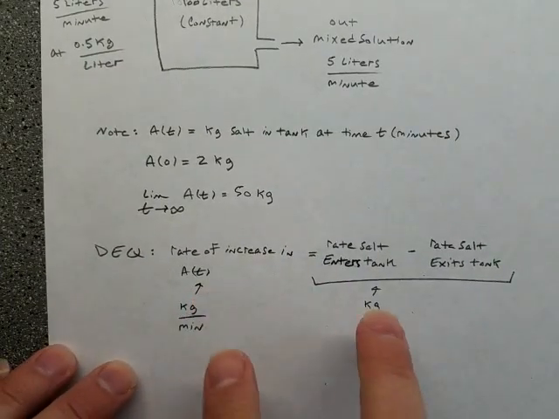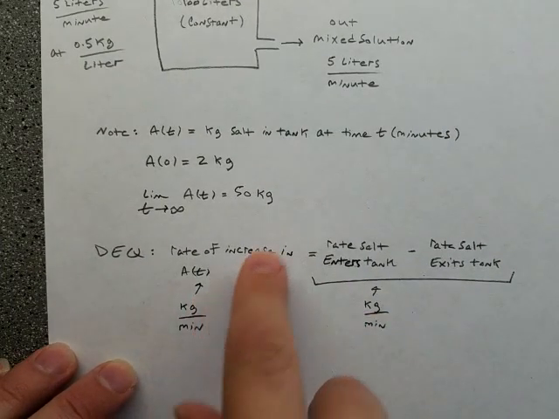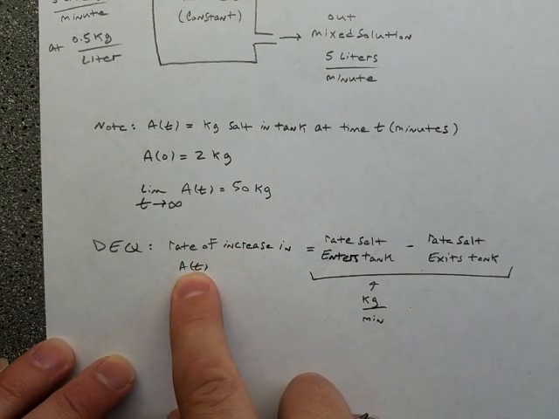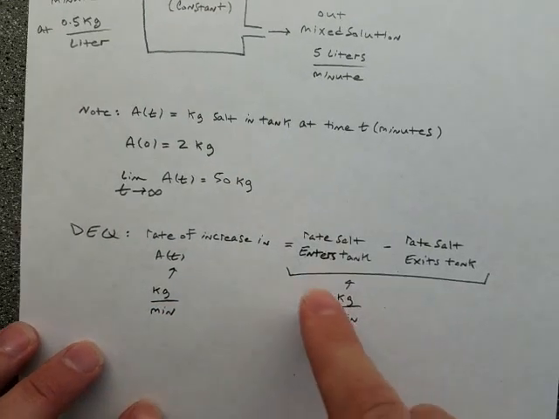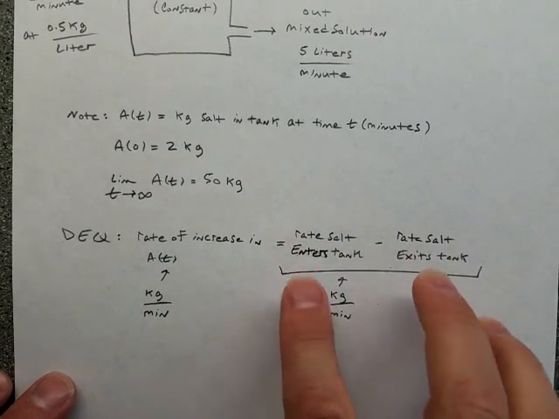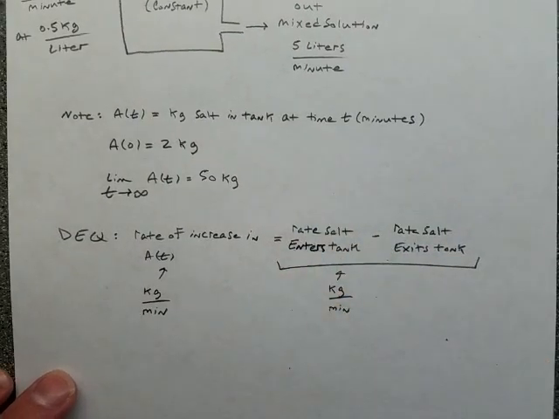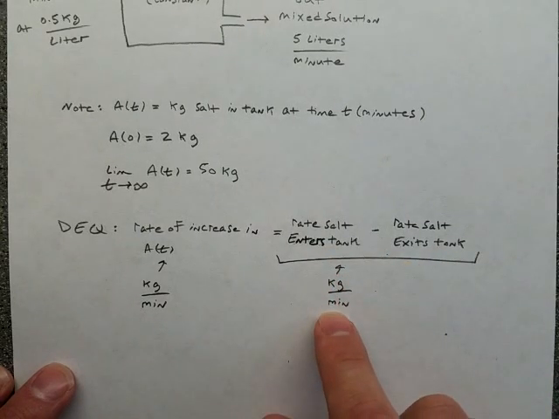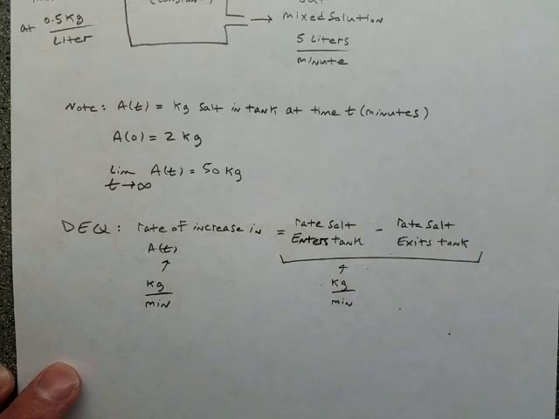Now notice about the units. If we can say that the rate of change in the function A of t is going to be dA over dt, that's kilograms per minute, the units of whatever this is can't be any different. And I have two terms subtracted. They both have to be kilograms per minute. So if you're trying to figure out what these are, knowing the units is probably a good clue to get you started.